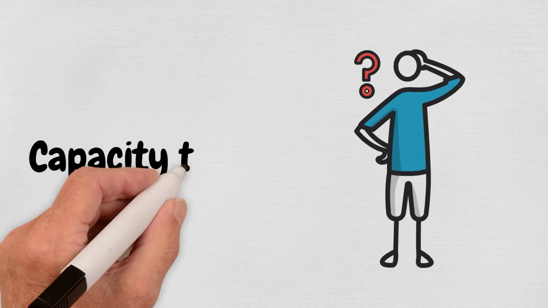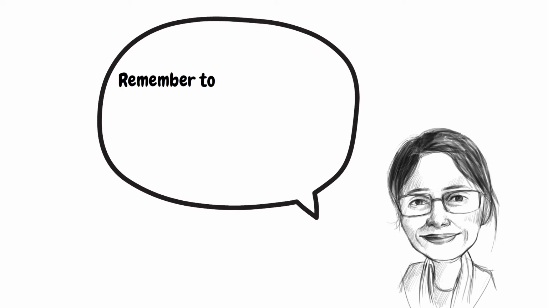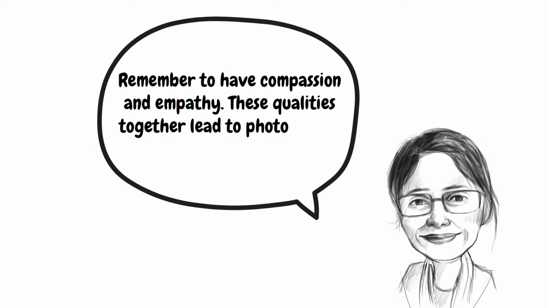This capacity to analyze and discern the situation in front of us and then select what is it that we are going to focus on, how are we going to compose the photograph, what kind of photograph are we going to bring back from that event or situation, needs active thinking and concentration. So, concentrate, be mindful, be aware and self-aware, and at the same time remember to have compassion and empathy. These qualities together lead to photographs that make a difference.